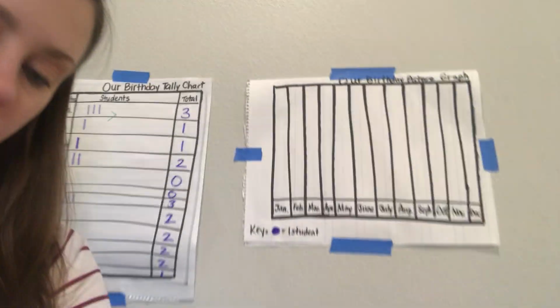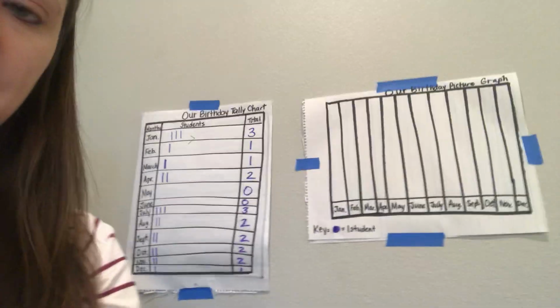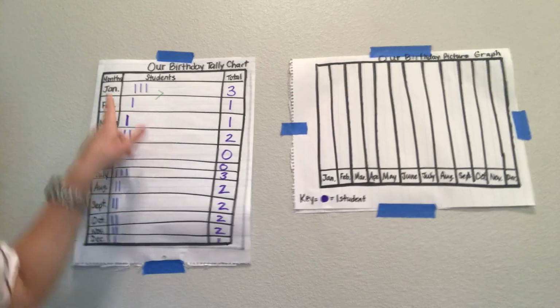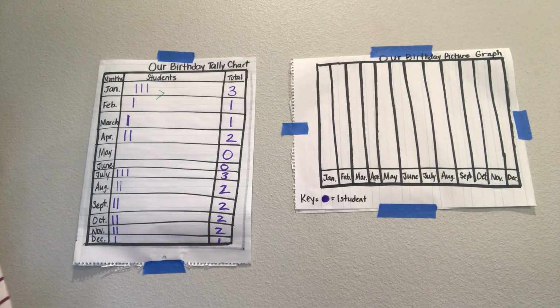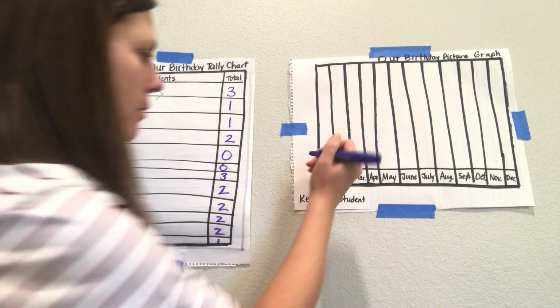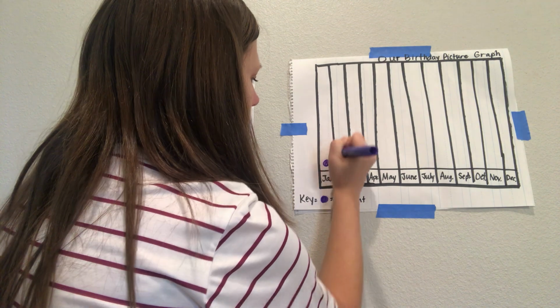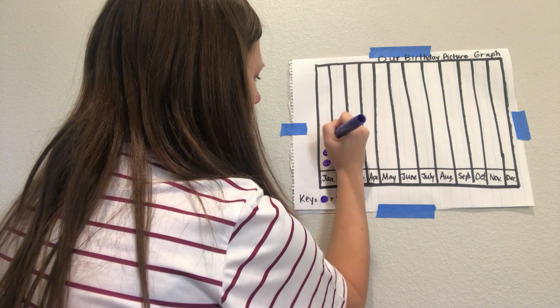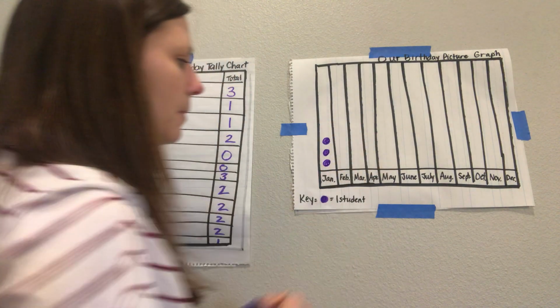All right, let me back up just a little bit so we can look at our tally chart while we're doing this. For January, how many students had a January birthday? There were 3, so we're going to do 1, 2, 3.